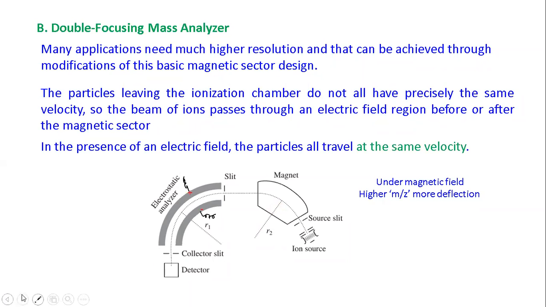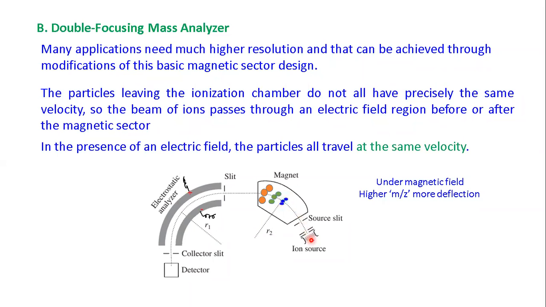Okay. Now, what we see is, for example, I have taken three different types of ions. One ion has a bigger, I mean higher m by z. Another ion has moderate, the green color one. And the blue color one has smaller m by z.